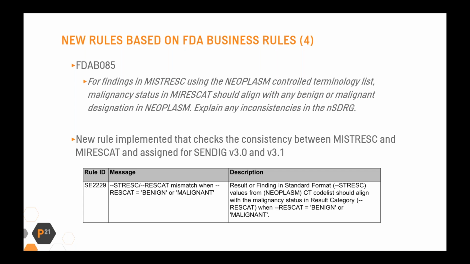So based on this business rule, we created SE2229 for MI, or microscopic findings. This rule will fire when STRESC or RESCAT has a mismatch when the RESCAT is benign or malignant.